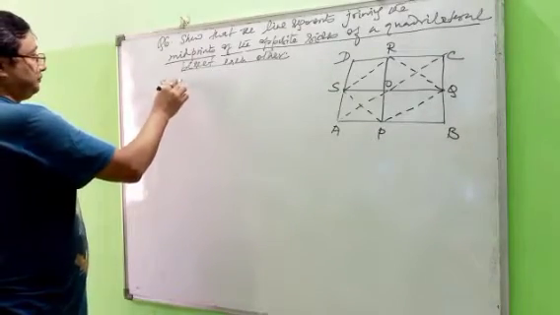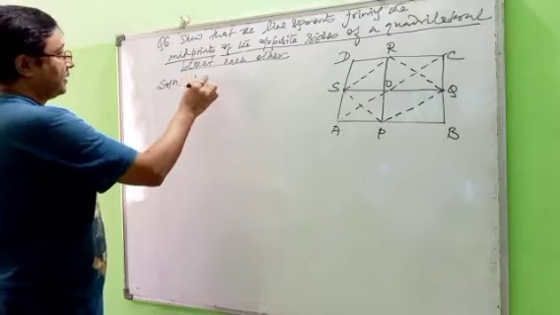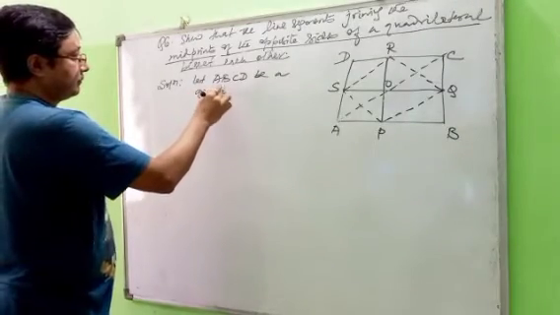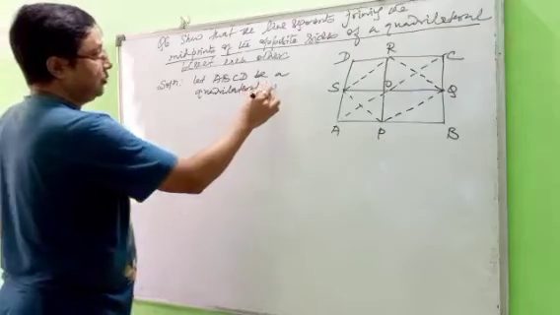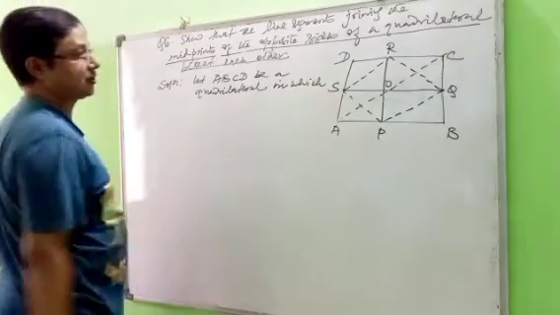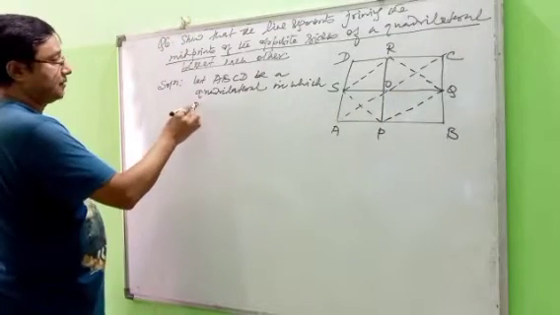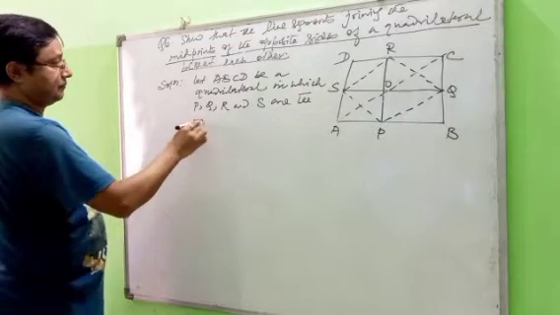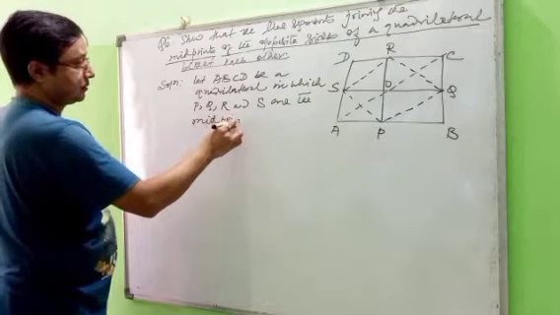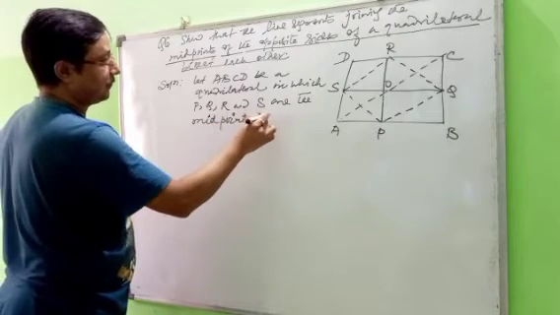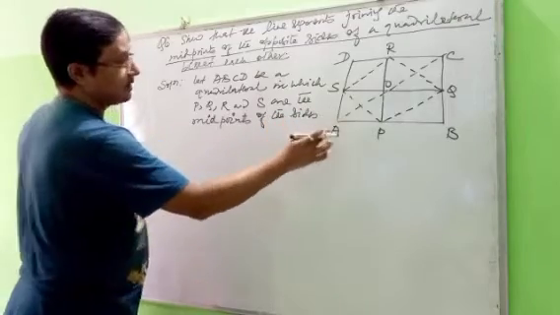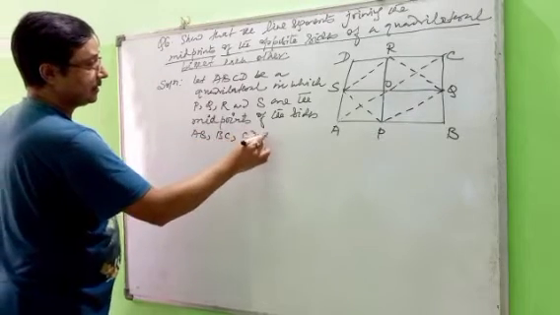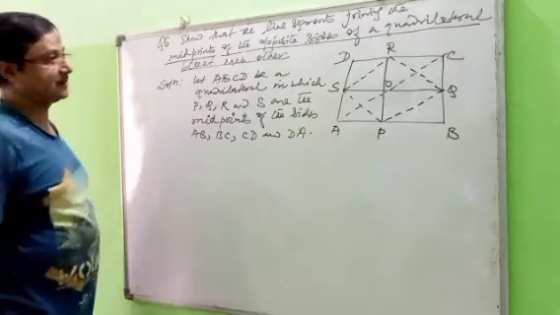Now the solution. Let ABCD be a quadrilateral in which P, Q, R and S are the midpoints of the sides AB, BC, CD and DA respectively.